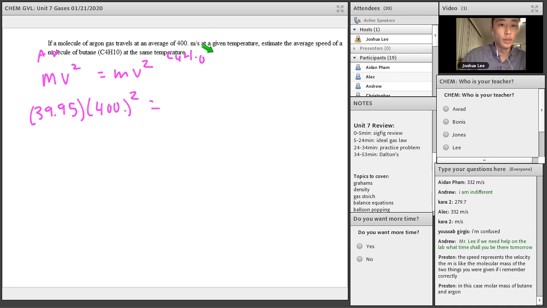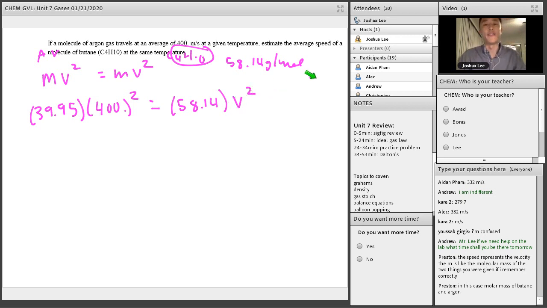That's going to be 58.14 grams per mole. So that's 58.14 times V squared. So I'm looking for how fast butane is compared.